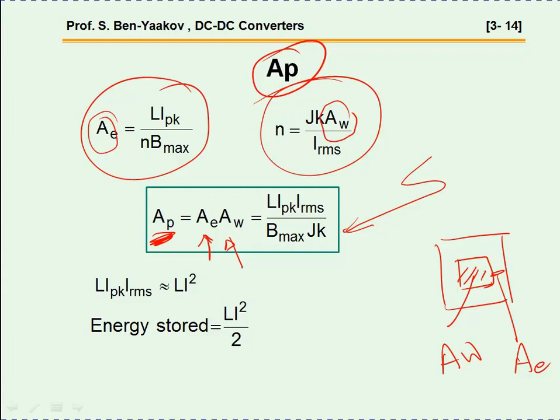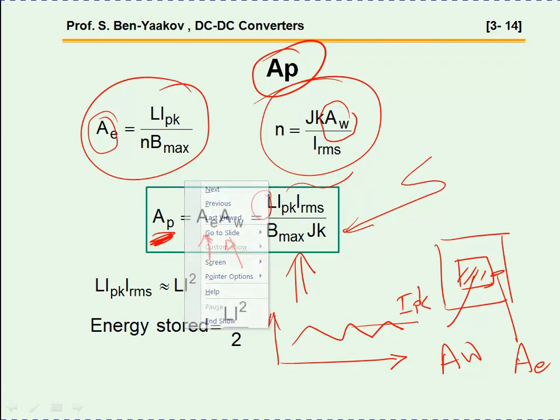Now, what is very important about the equation is that all of these parameters are known. We know what inductance we need, we know what the peak current is. In a specific application, the inductor current will be, say, like this. This will be in a switch mode converter. This is the peak value. This is the inductor current. Now, the RMS is this value here.